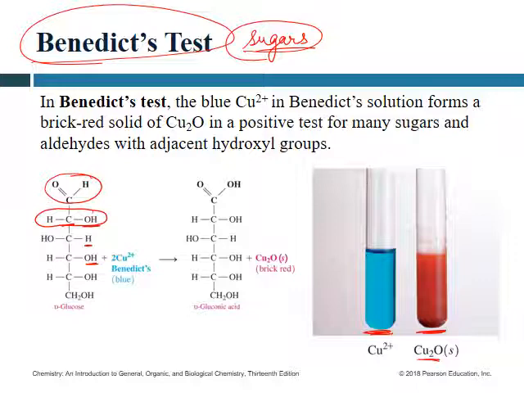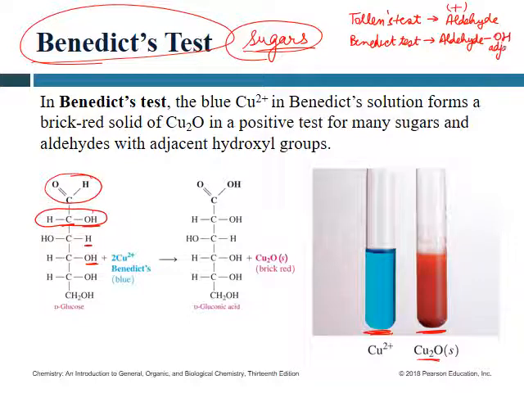So what you need to remember is that a positive Tollens test is given by any aldehyde, whereas Benedict test only gives positive if the aldehyde has hydroxy on the adjacent carbon. And ketones basically are negative for both tests. Okay, so these tests can be used to differentiate between aldehydes and ketones.